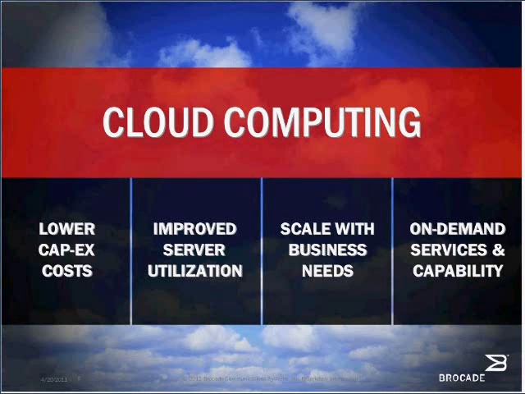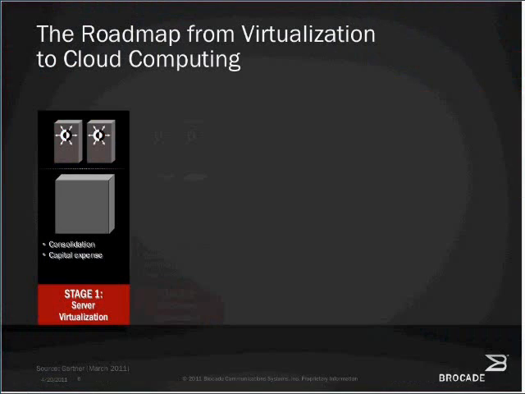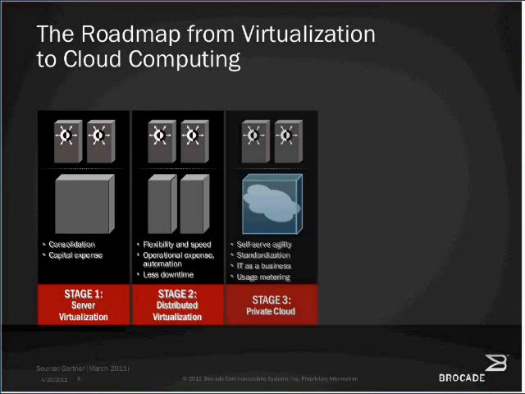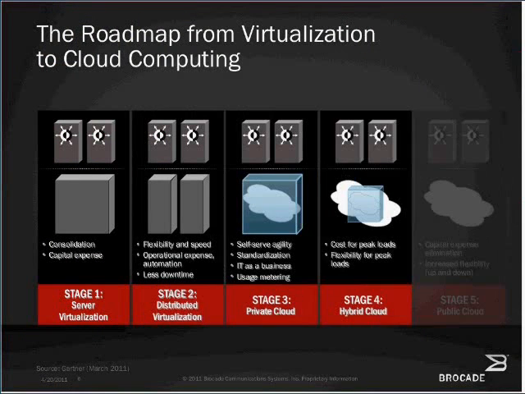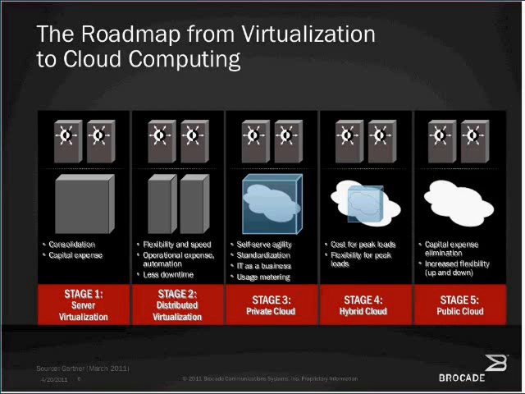So to that end, the Gartner group in March of 2011 presented a 5-stage path to getting to cloud computing. It starts with server virtualization, where you are doing the consolidation and capital expense reduction. And then the next phase is actually using things like VM mobility, live migration, vMotion, etc., where you can actually start having virtual machines move about the infrastructure in a very dynamic way, so that you can, let's say, use power cost savings.